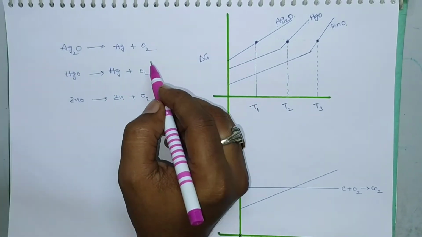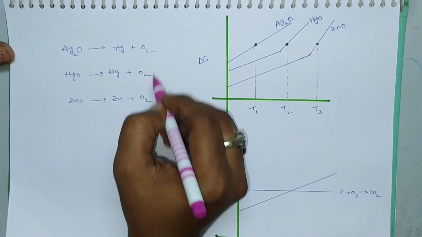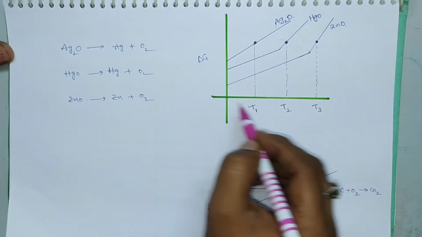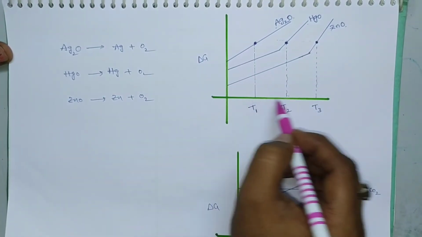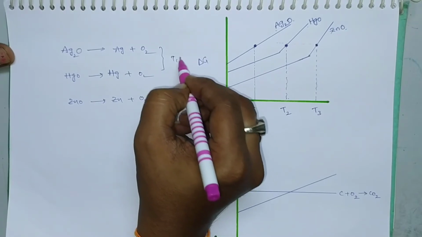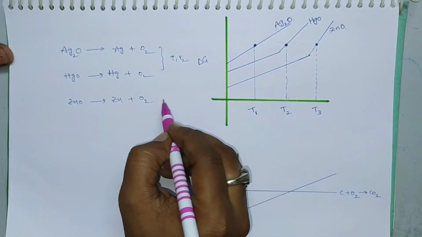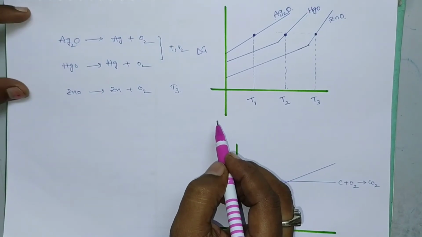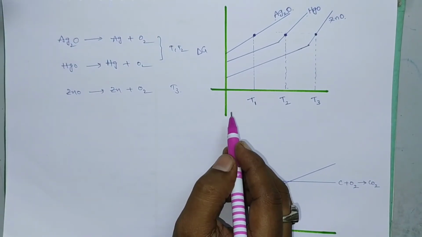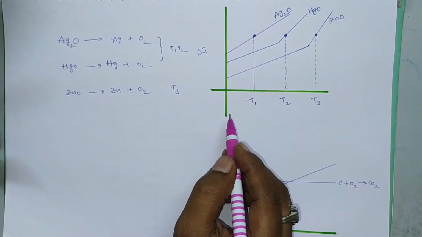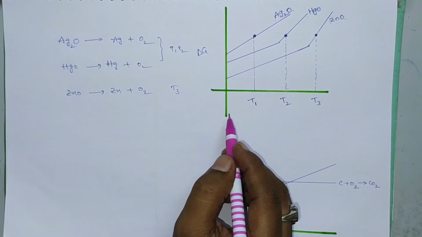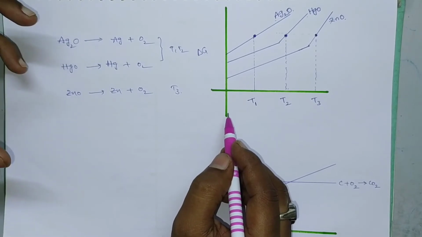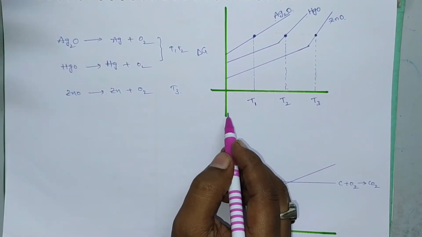Next, these two reactions take place at low temperature. That means these two reactions take place at temperatures T1 and T2. These two are at low temperature and this reaction takes place at high temperature. Generally in thermodynamics we are supposed to produce a high yield at lower cost. That means the commercially beneficial product should be produced. So we select a procedure which produces high yield with low cost.